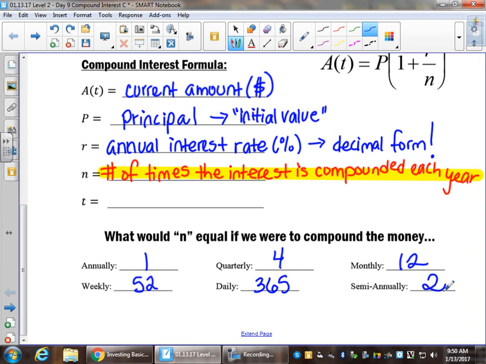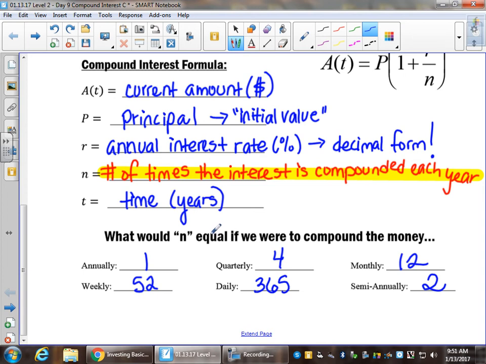Very good. Half of a year means there's 2 halves in a year, so semi-annually is twice. So T, we just left out T. T is always going to be time, and what's nice about this is it'll always be given in years. So these are our possible values of n that you have to know. So if the real world situation says compounded quarterly, you have to know that n is going to be 4.